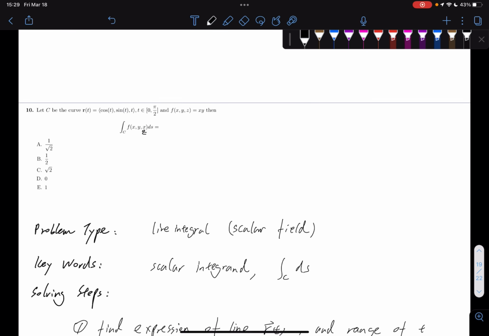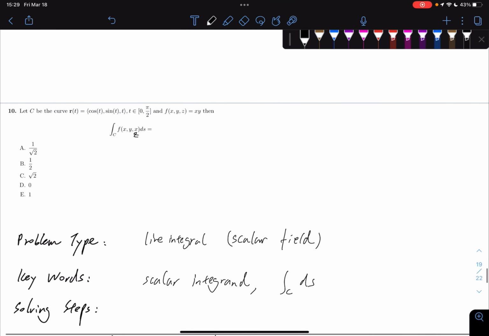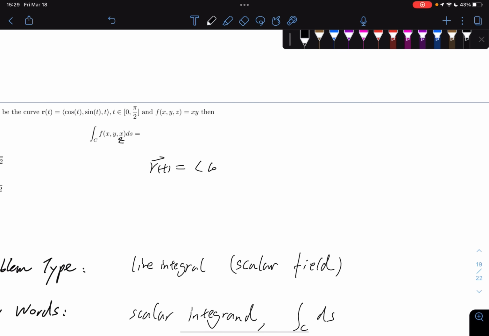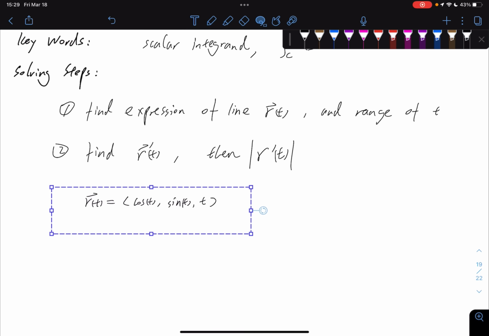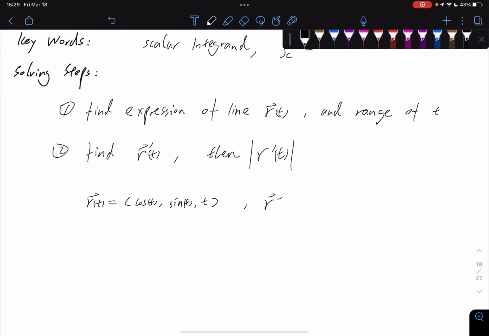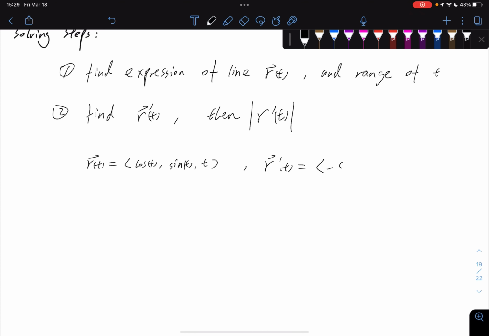So let me go ahead and copy the curve down. r of t equals cosine of t, sine of t, t. Then r prime of t equals negative sine t, cosine t, 1.